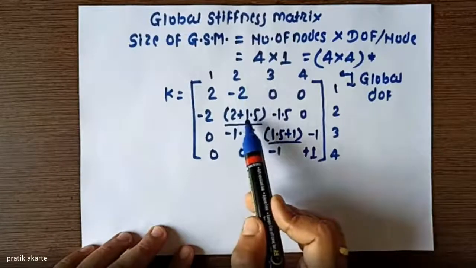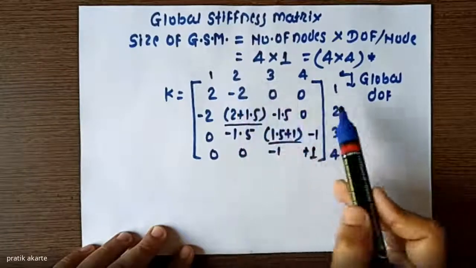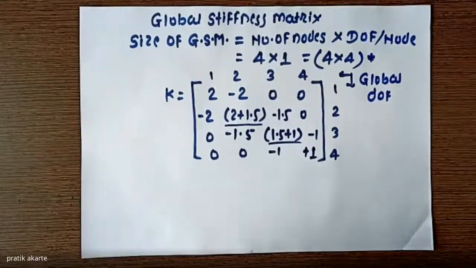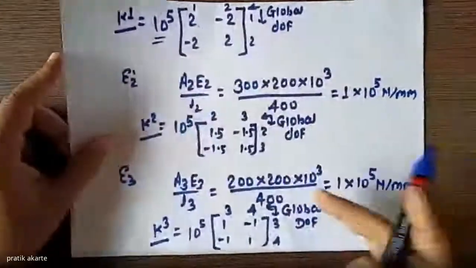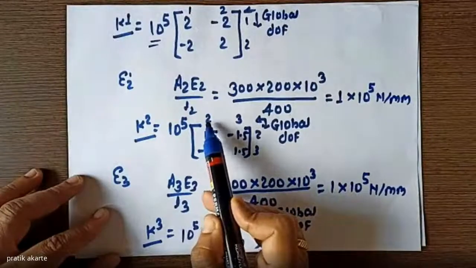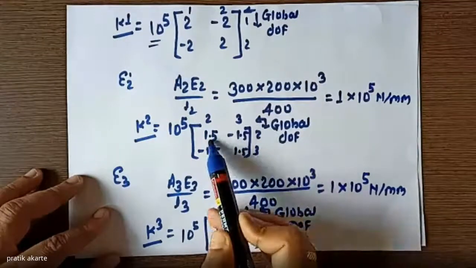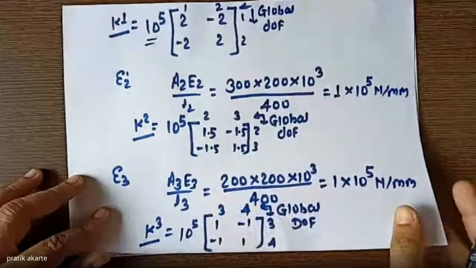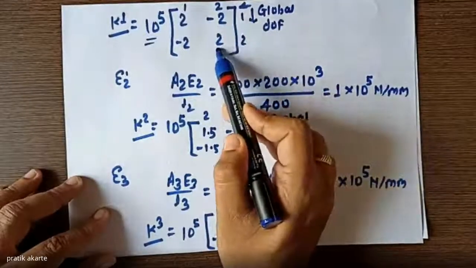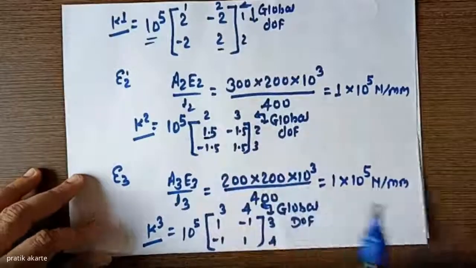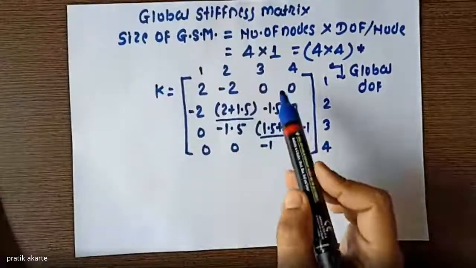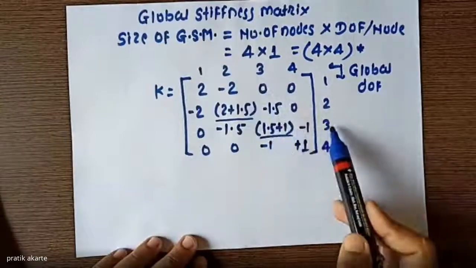So this term is second column, second row. So first 2 I get from the first element stiffness matrix, and from the second element stiffness matrix, second column, second row, this 1.5. So here I can write 2 and 1.5. Then I have third column and third row.